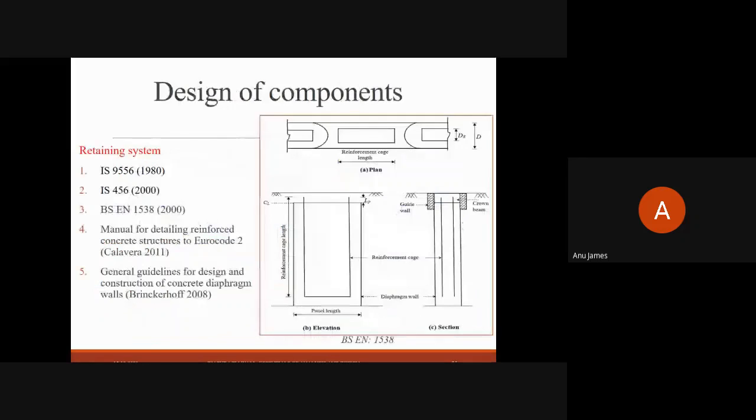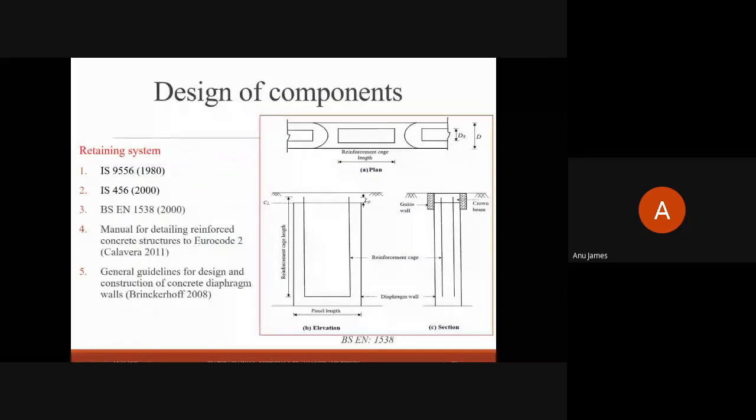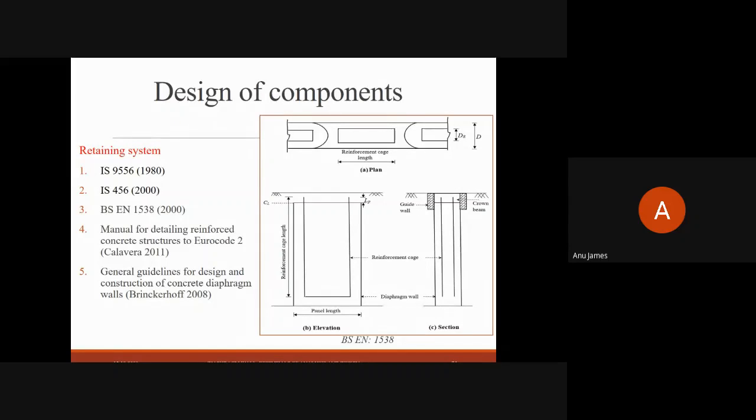These are the national standards which we can use for the design of reinforced concrete components. The first one is IS 9556, the Indian Code for Diaphragm Wall, and next is the concrete design code IS 456. The problem with these codes is that they do not provide information specific to a deep embedded system.